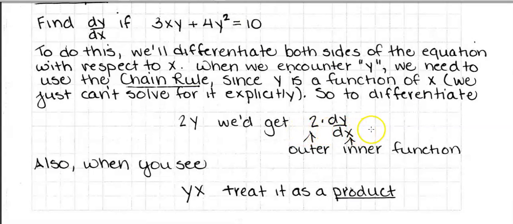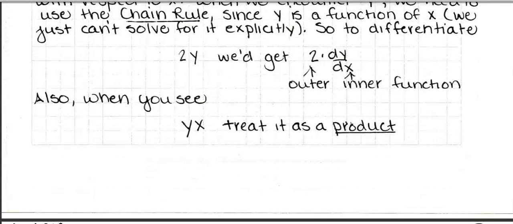And they're multiplied together because we're using the chain rule. Now, when you see y and x multiplied together, you need to treat it like a product because y is a function of x. You're going to use the chain rule on that. And of course, you're going to differentiate x as one of the factors in the product.